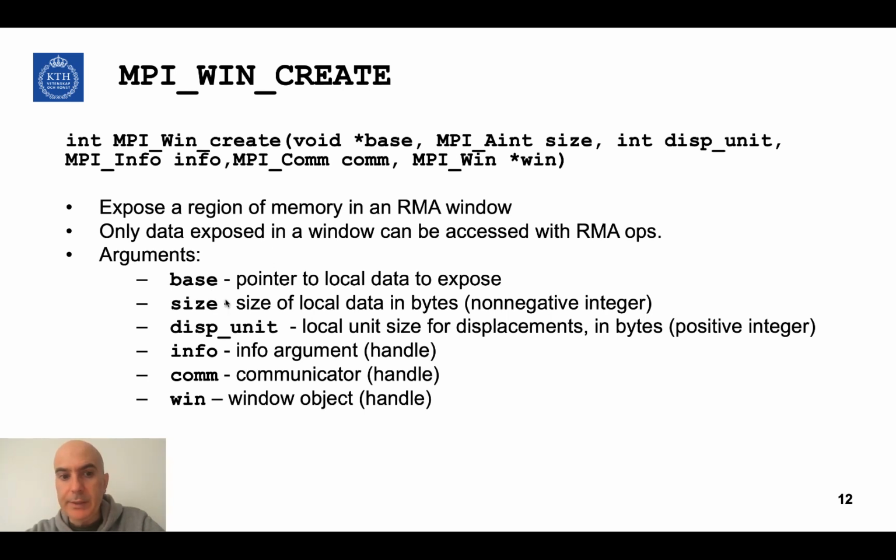We provide the size of the local data in bytes, and the displacement unit in the window, which is the local unit size for displacements in bytes. And then we provide an info object that is typically used for optimization or to give some information about the hardware.